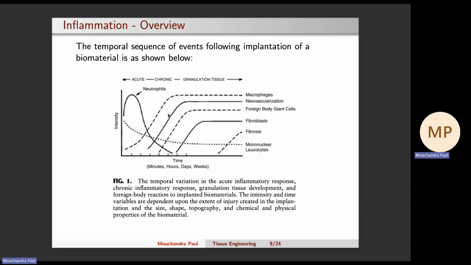But at this same time point, if you draw a line, the number of macrophages has reached the highest intensity, and that intensity remains constant until the wound is healed.